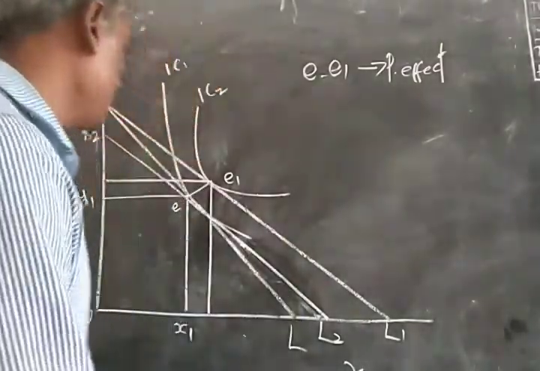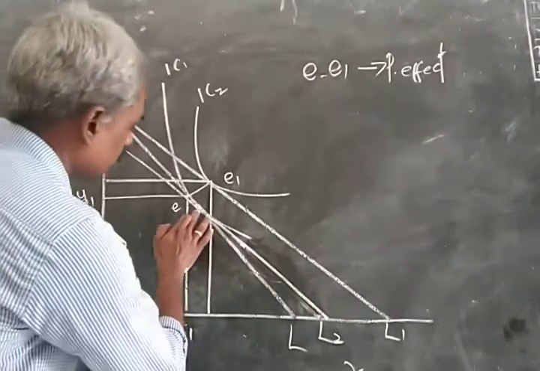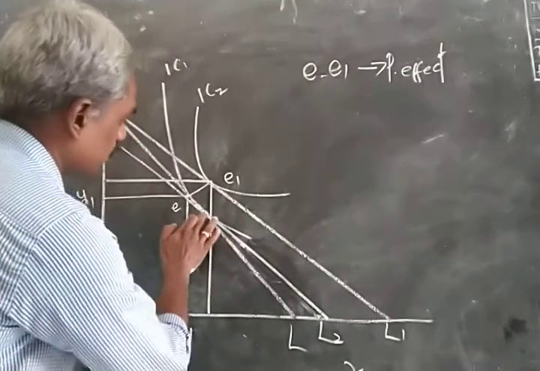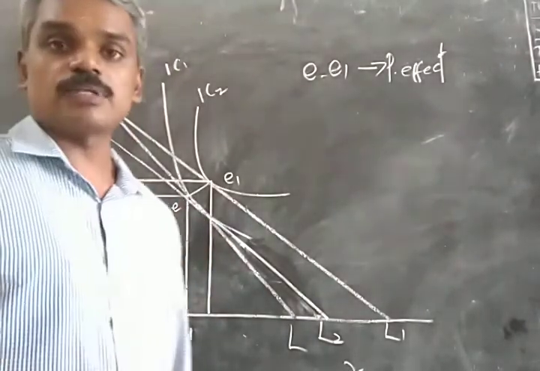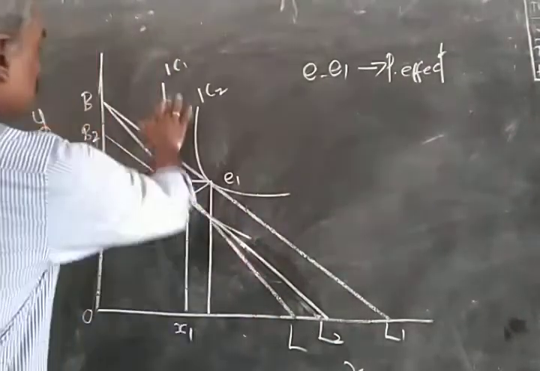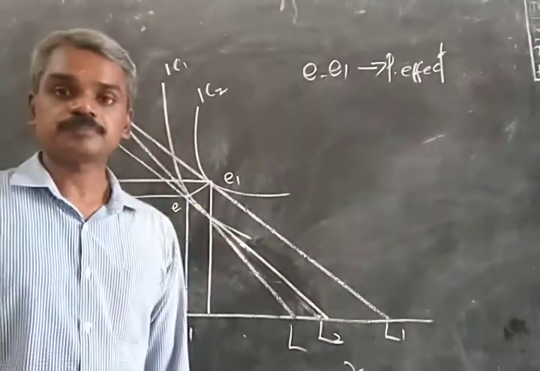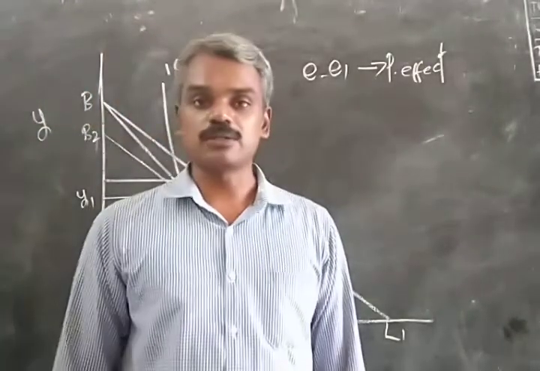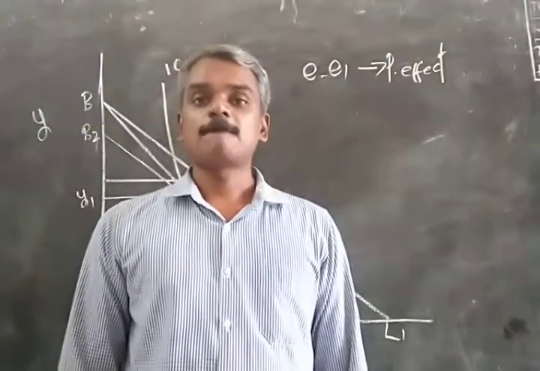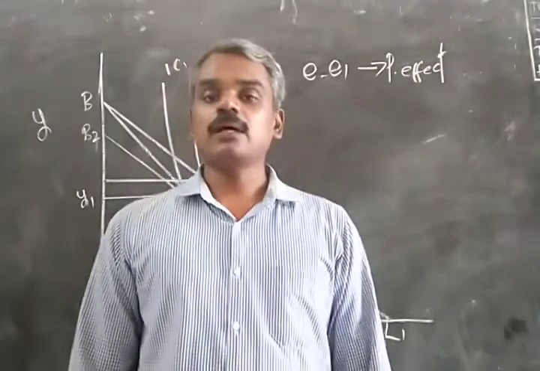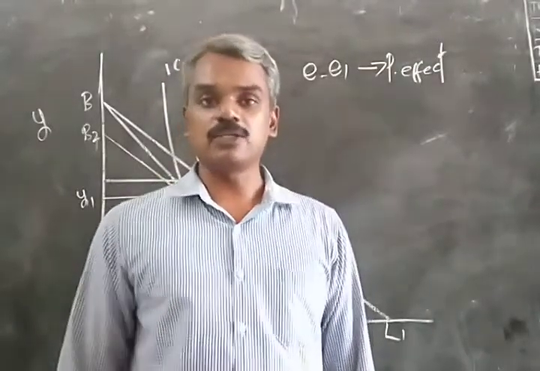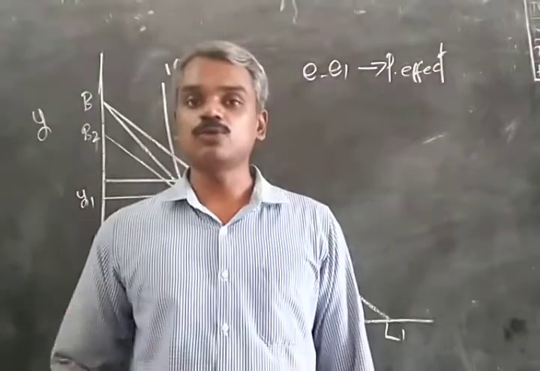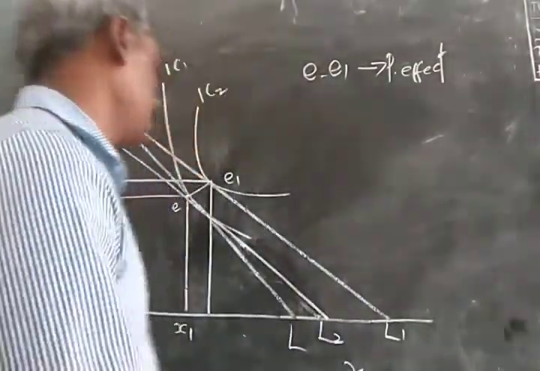Okay, here we have seen that the consumer, if he wants, can be on the earlier level of satisfaction given by the indifference curve IC1. So his level of satisfaction does not change even if his income is reduced. That means that the increased income due to the fall in the price of X has been negated.